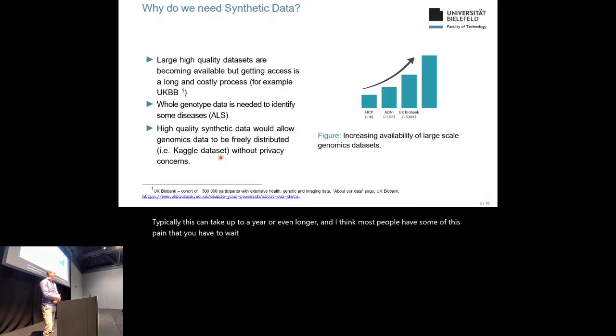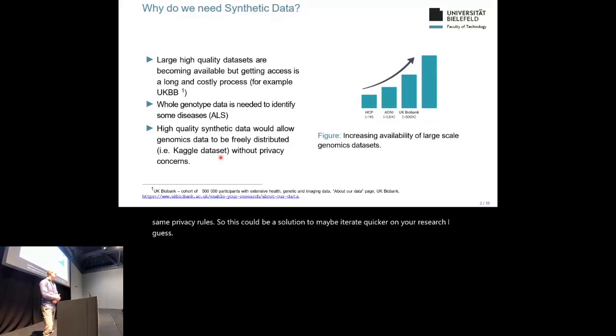Of course, when we generate synthetic data, we can maybe circumvent some of this by being freely able to share it, because it's not attributable to a single person and not subject to the same privacy rules. So this could be a solution to iterate quicker on your research ideas.